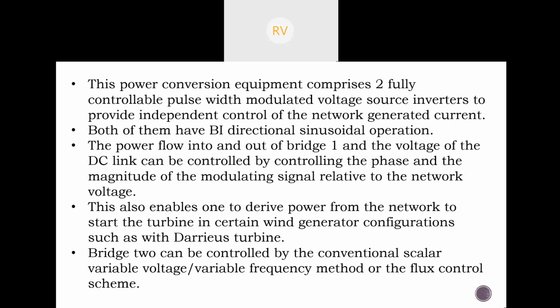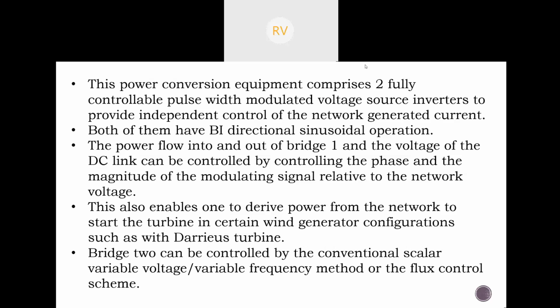The power flow into and out of bridge one and the voltage of the DC link can be controlled by controlling the phase and the magnitude of the modulating signal relative to the network voltage.